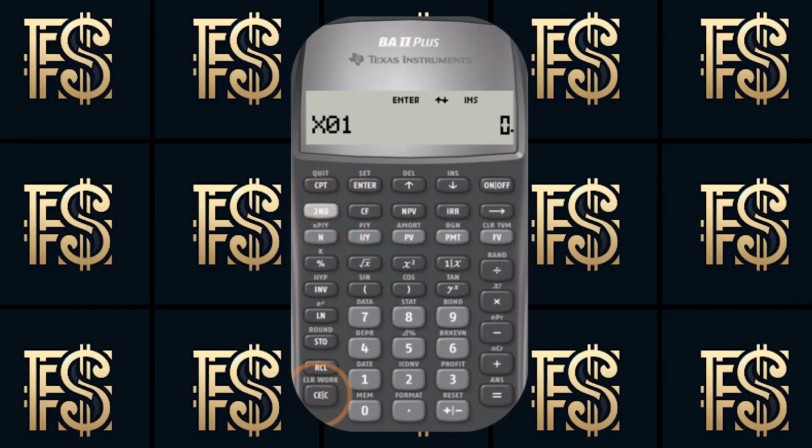We'll enter in these new returns. So 0.13 and enter, arrow down 2 times, 0.08 and enter, arrow down 2 times, 0.07 negative and enter, arrow down 2 times, 0.02 negative and enter, arrow down 2 times, and last but not least 0.11 and enter.